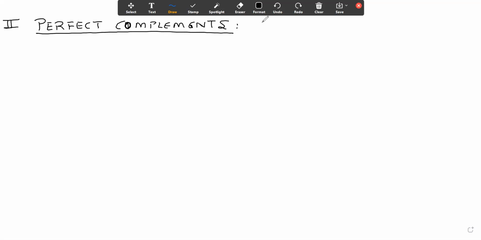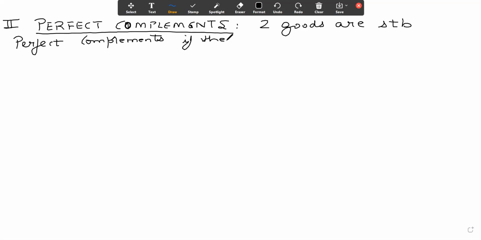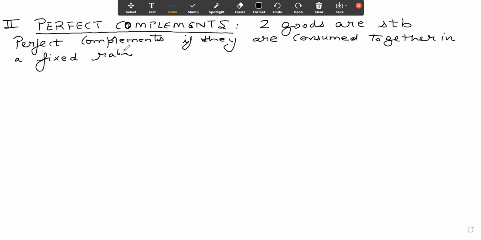So we can say two goods are said to be perfect complements if they are consumed together in a fixed ratio to satisfy a want.